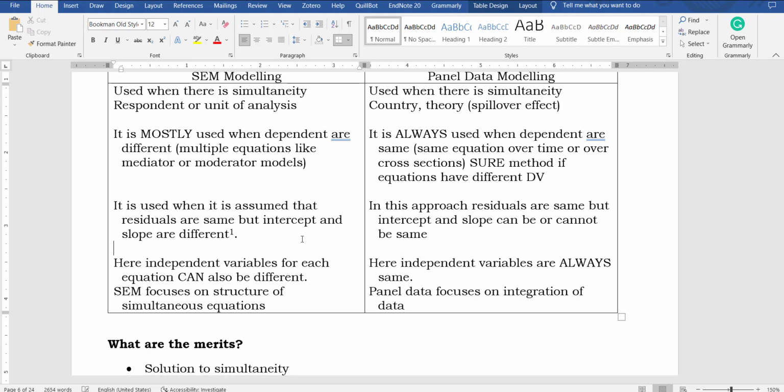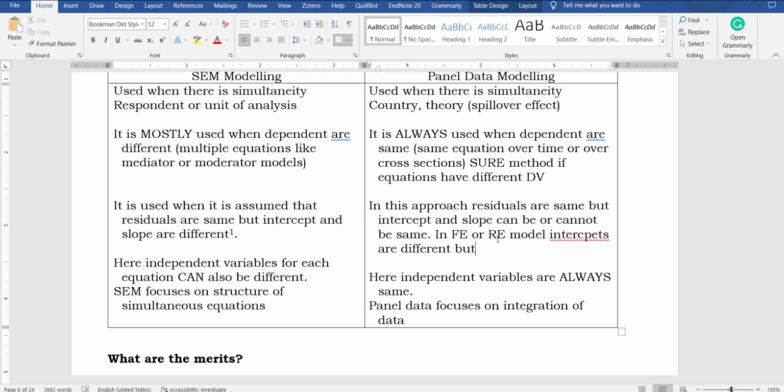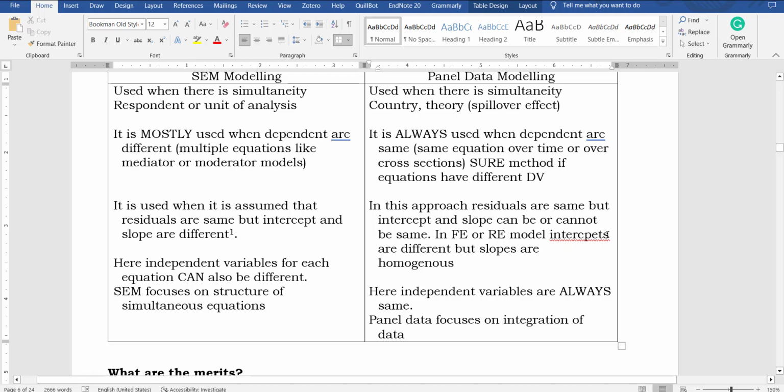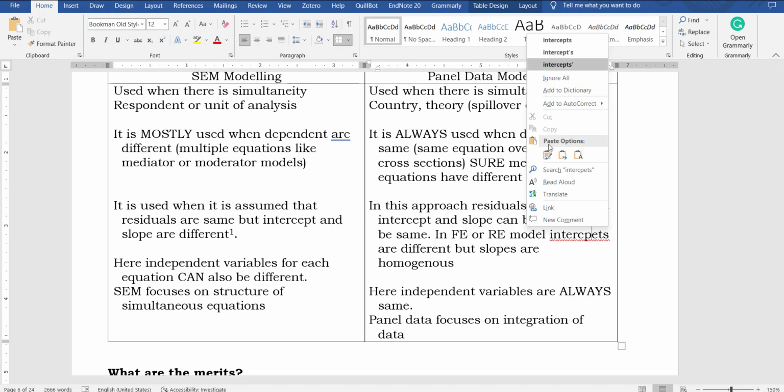So it's like in the fixed effect, in FE or RE model, intercepts are different, but slopes are homogeneous across all the time periods or cross sections.